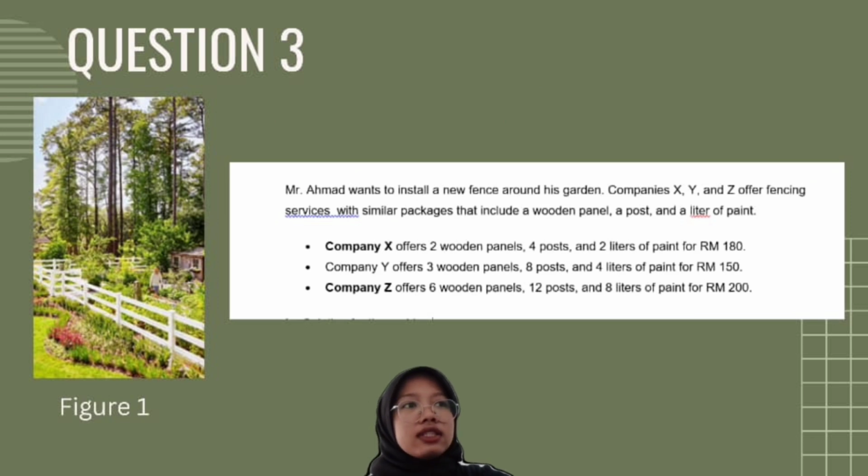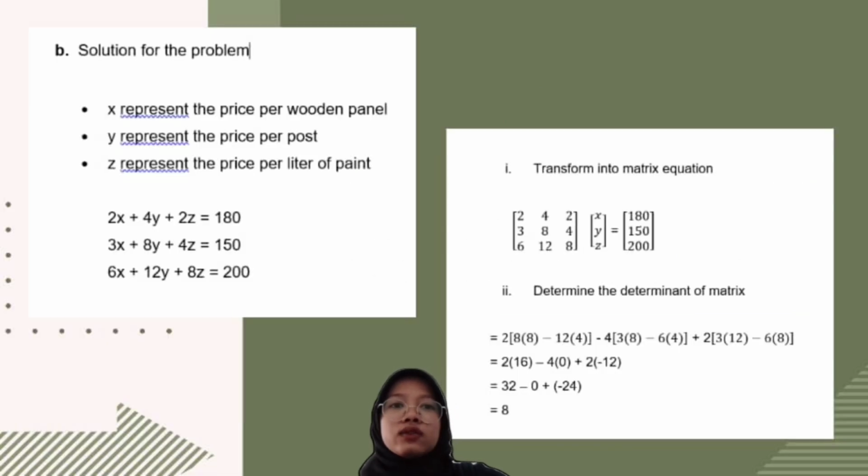So, how to solve these problems? We need to represent X, Y and Z. X represents the price per water panel, Y represents the price per post, and Z represents the price per litre of paint. So, we have 3 expressions.